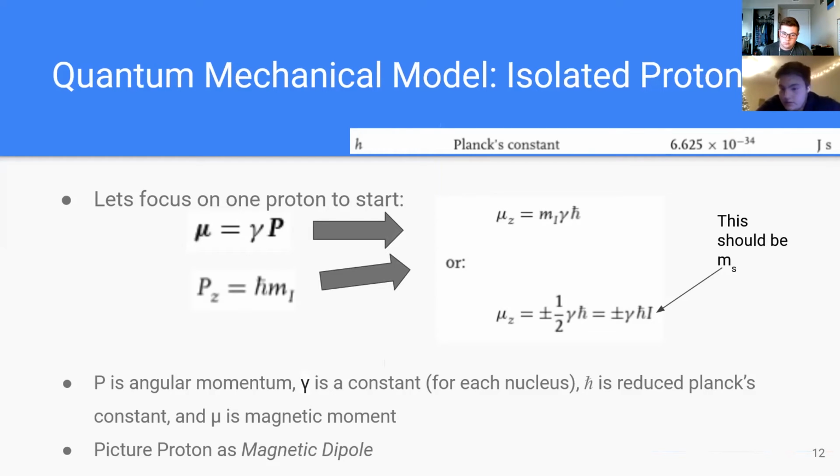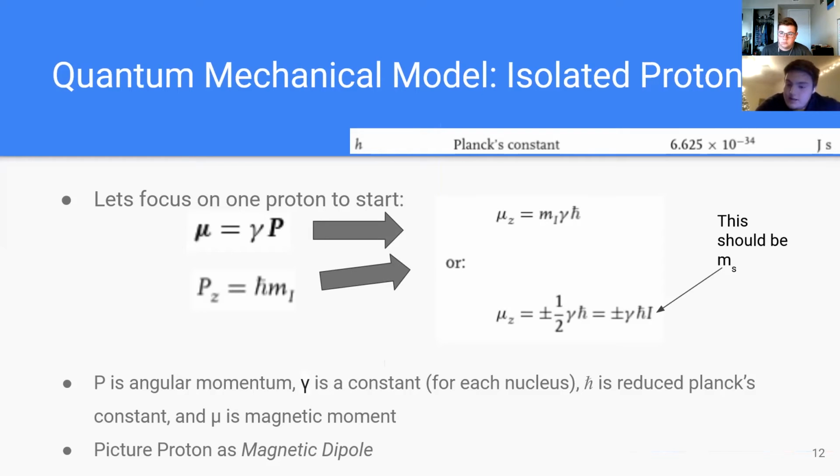Now, after we combine these, we get mu z equals m sub I times gamma times h bar. You get your magnetic moment in terms of your magnetic quantum number and 2 constants, which is a very easy equation. And now you can sub in your known value of m sub I.